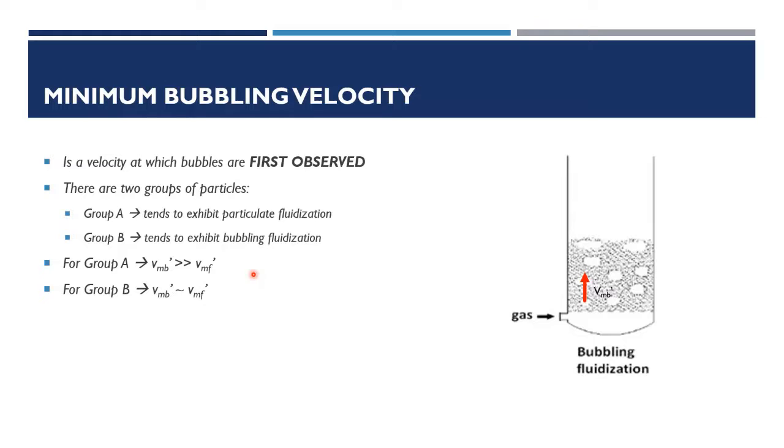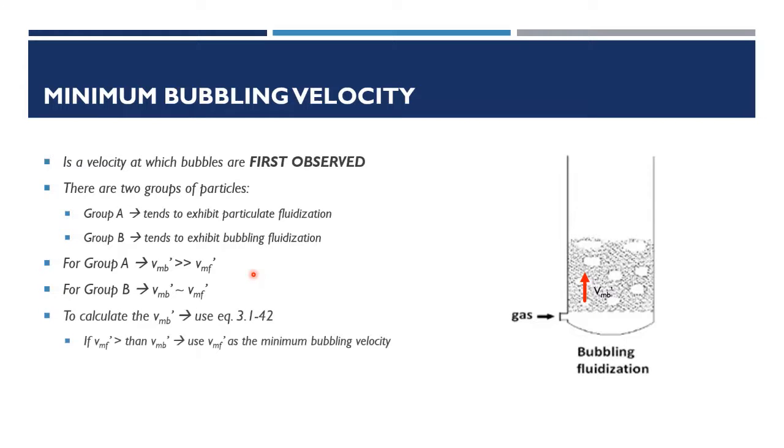So it's easy for them to create bubbles, and at minimum fluidization they already start to bubble. But for group A, since it's difficult to create bubbles, the minimum bubbling velocity is very much higher than its minimum fluidization velocity.